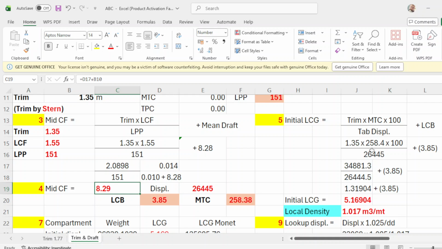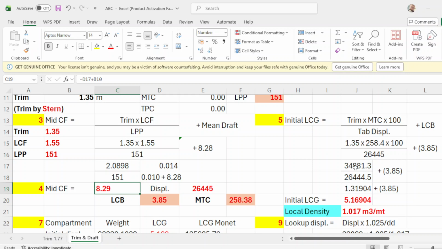Okay, that is already rounded to 4, times 100. And tabulated displacement is 26445, I got here 26445, okay? Plus your LCB. What is your LCB? LCB is 385, okay?